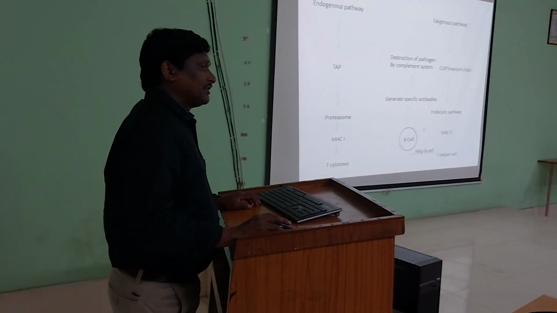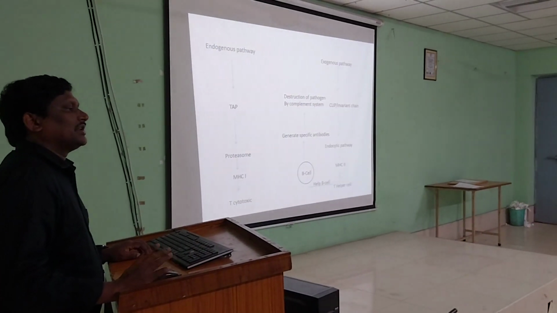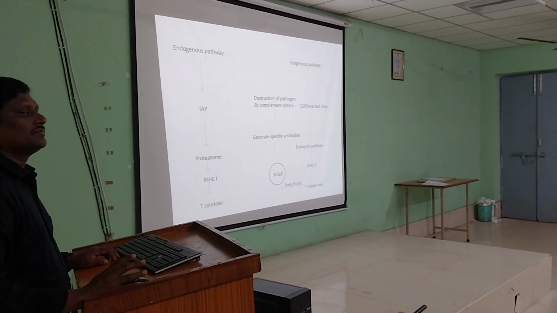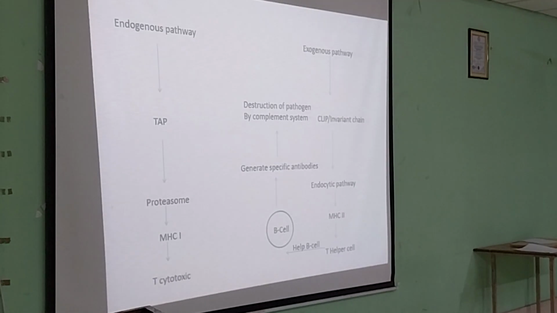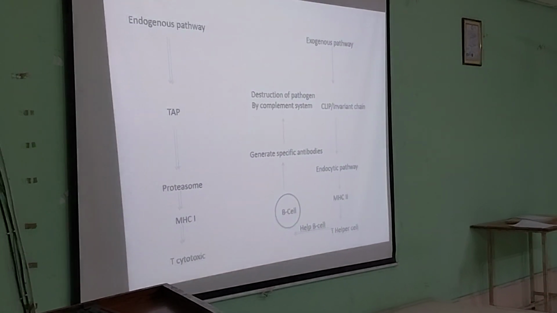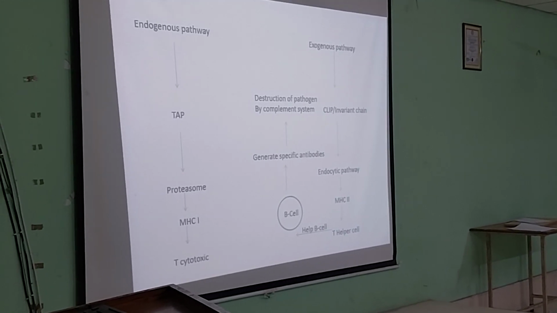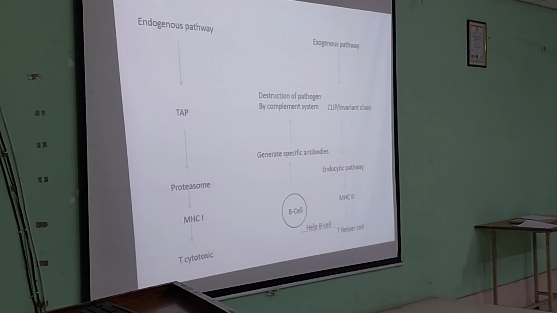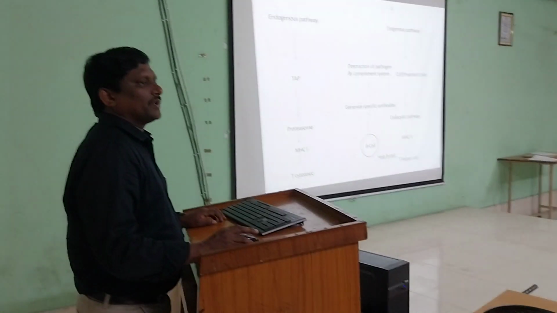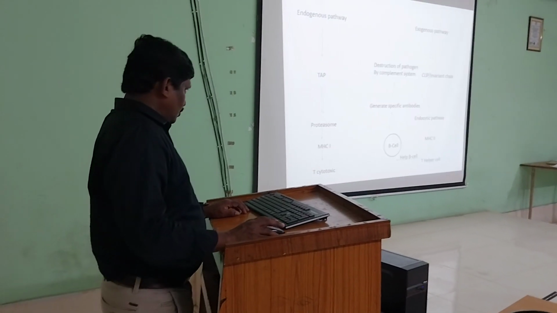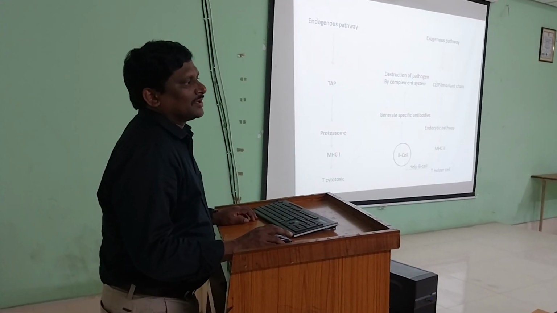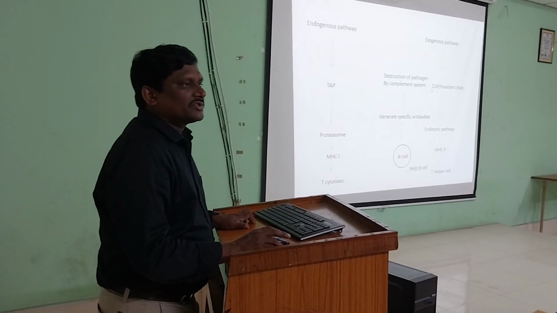The underlying principle is this: the class 2 MHC mediated presentation of antigen to T helper cells, and subsequently that activates a B cell to produce a memory cell and specific antibody to degrade the pathogenic bacteria or virus.